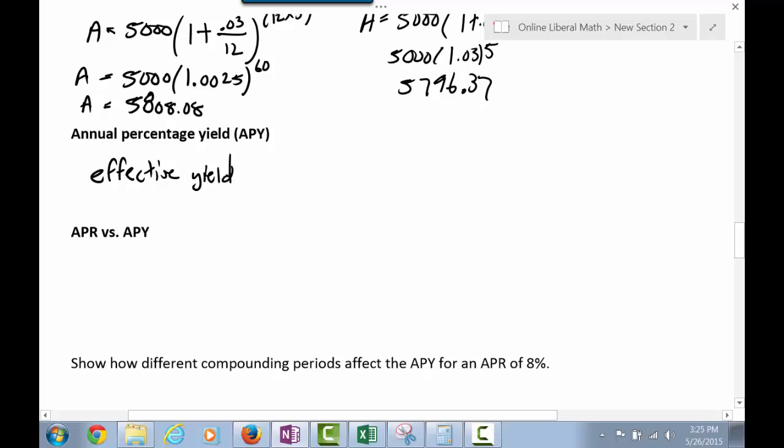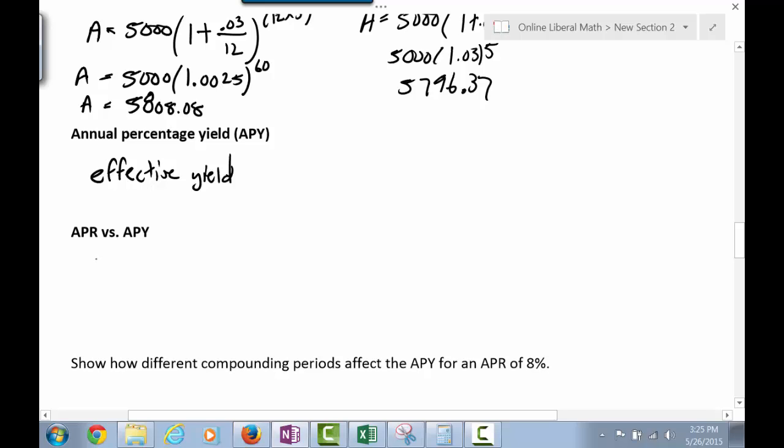In other words, whenever they say it's compounded monthly or daily or semi-annually, there is a simple interest that we could also compare this to. And that annual percentage yield, or APY, is that simple interest that translates to whatever interest they mentioned in the compound interest part. So a lot of times we want to compare the two ideas.